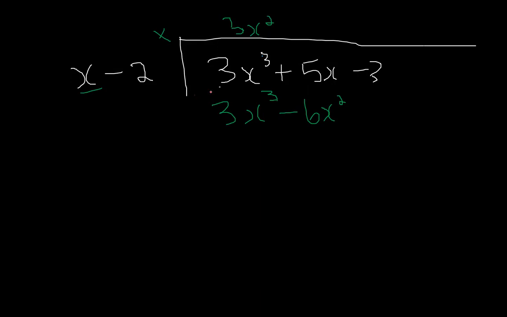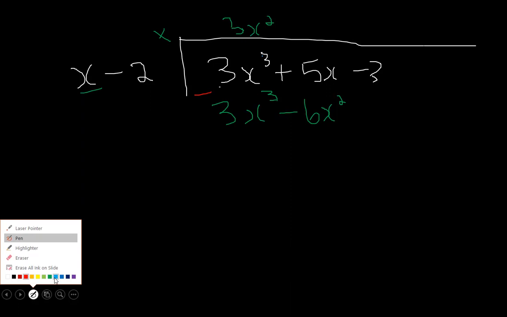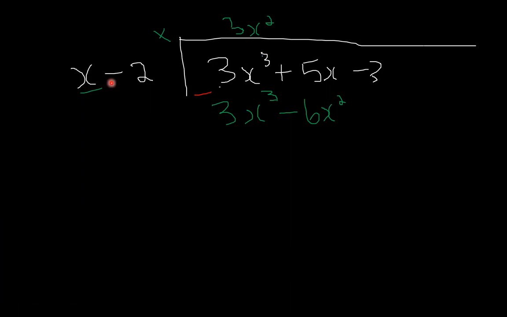You understand that so far? Yes. Okay. Why I put the 0, but I said you don't have to, is because you do all this and you come down to this part here. Time for you to subtract.